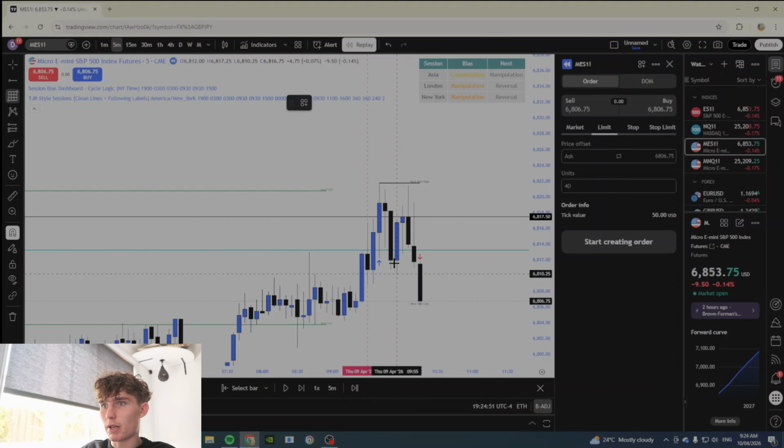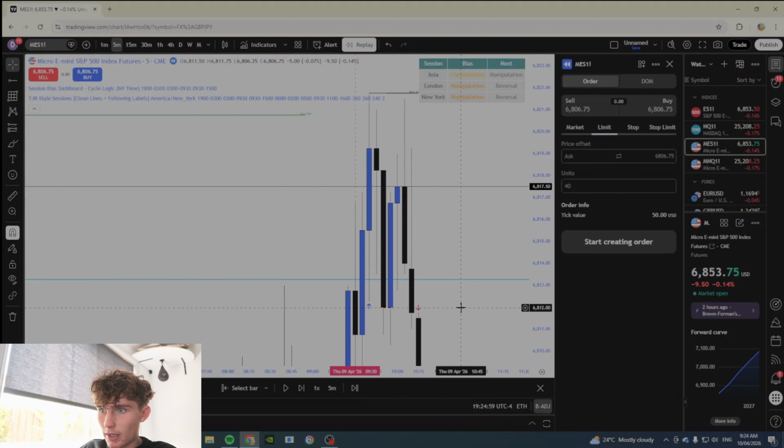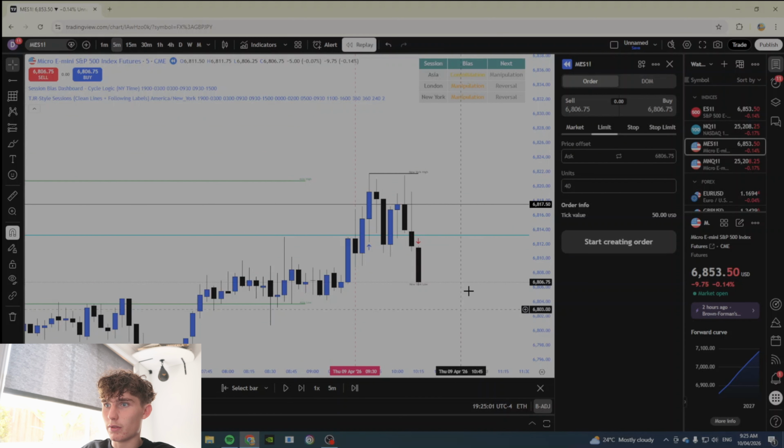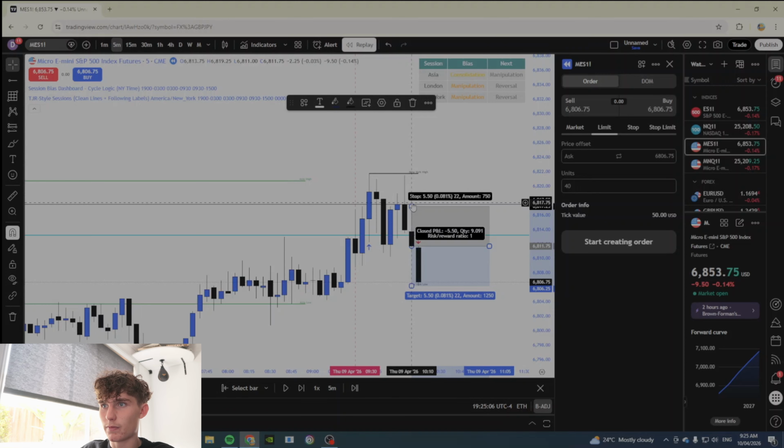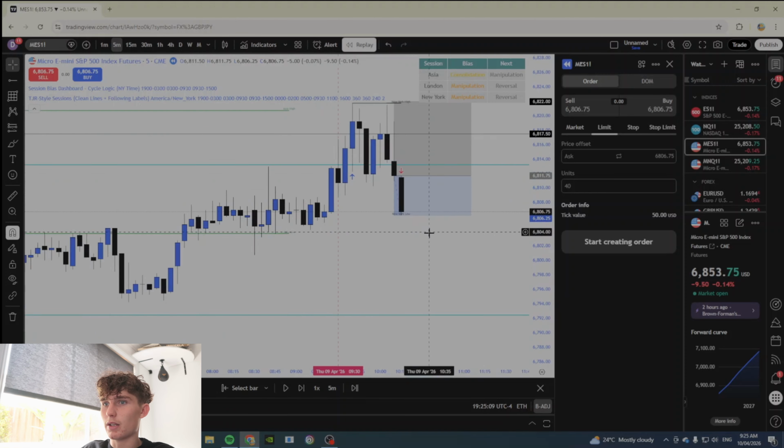We're gonna get a break of structure though. Pushed up in an equilibrium. And then arguably the trade should have been to enter here on a short. That would have been the trade of the day.